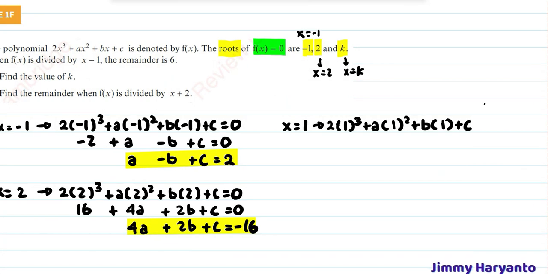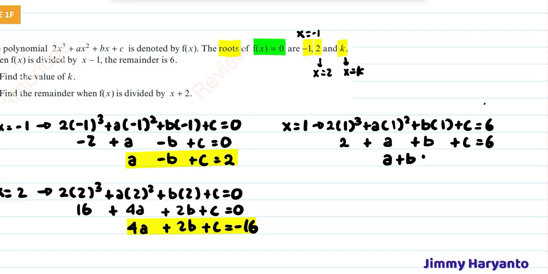The answer is the remainder, which is 6. Let's simplify: 2 plus a plus b plus c equals 6. I will move the 2, so a plus b plus c equals 4. So I have the third equation.